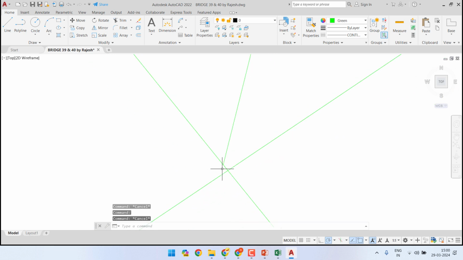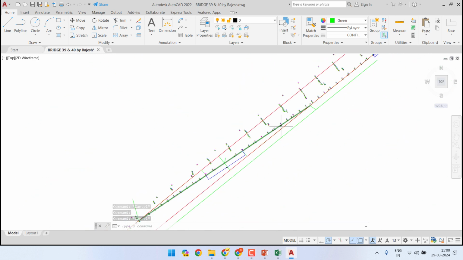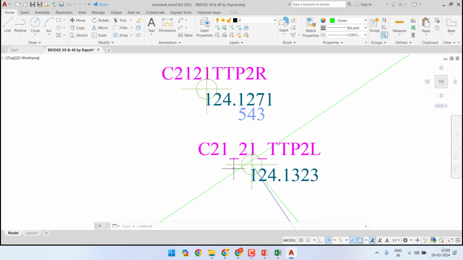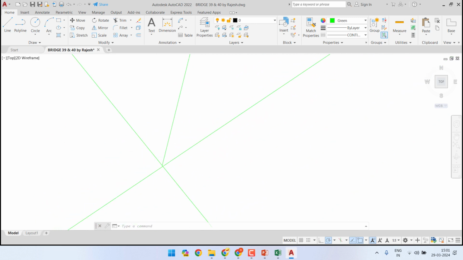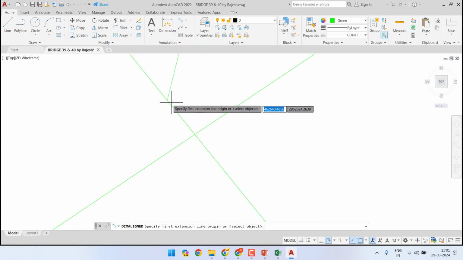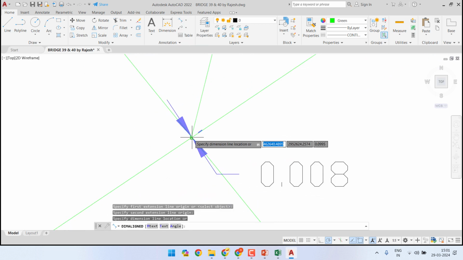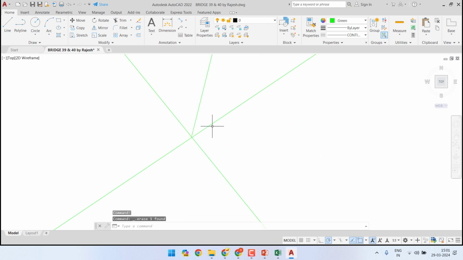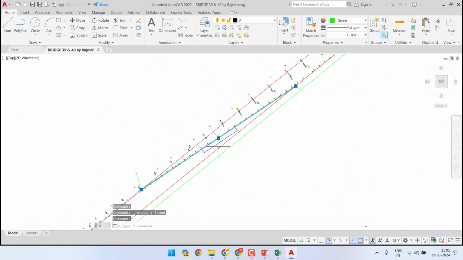It is not exactly falling because the points that we have selected for surveying may not be exactly on the TTP2, maybe 5-10 centimeters left or right, but overall we can see that it is more or less correct. The distance is only 8 millimeters, so we can ignore this.